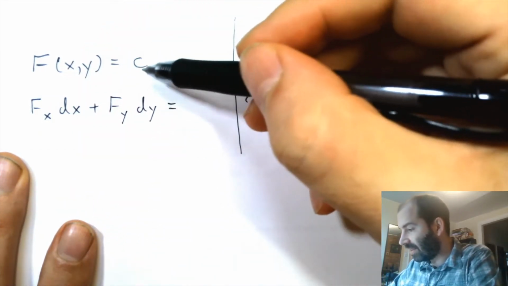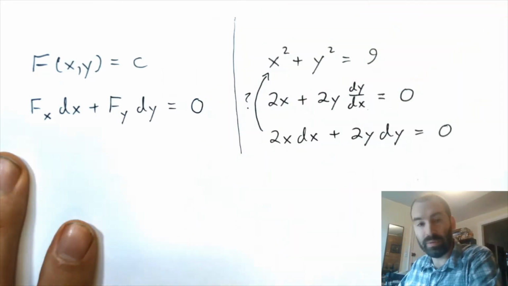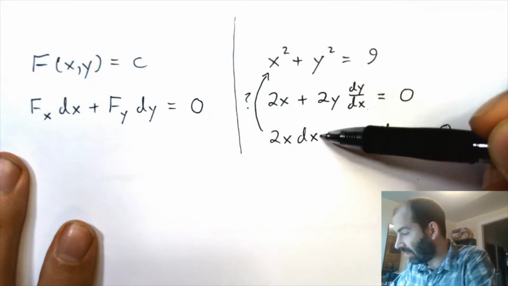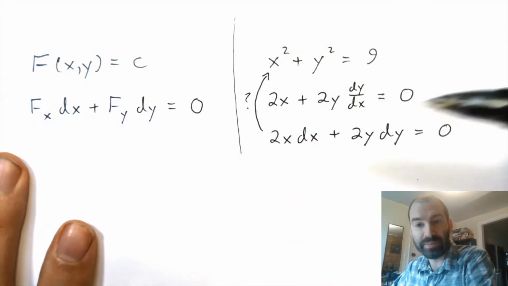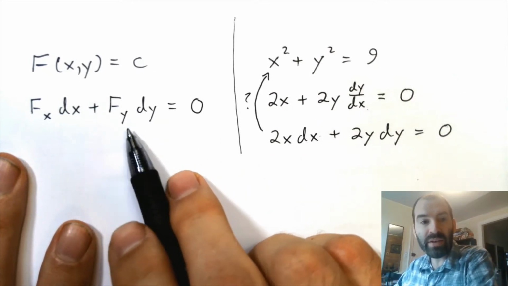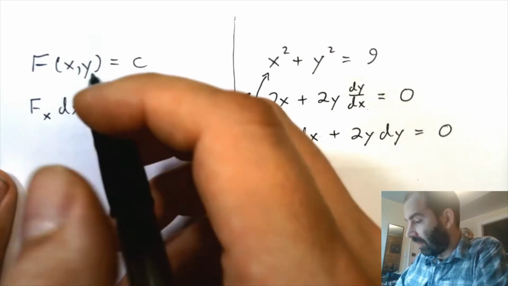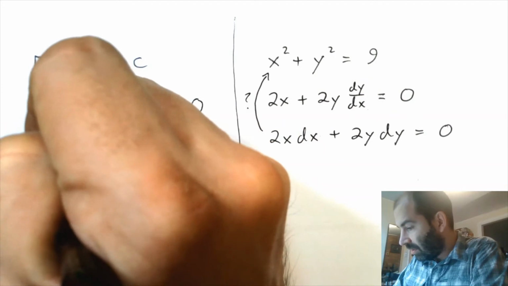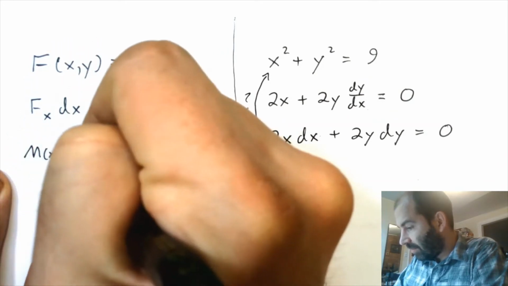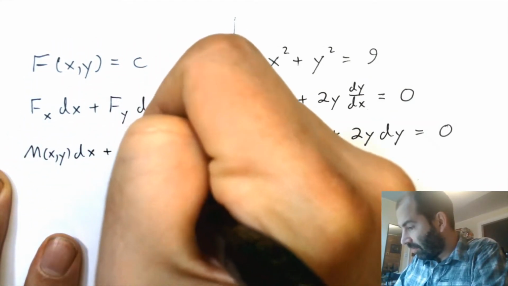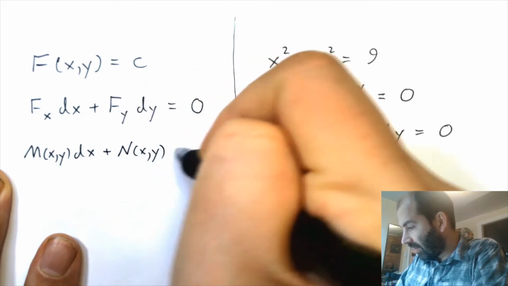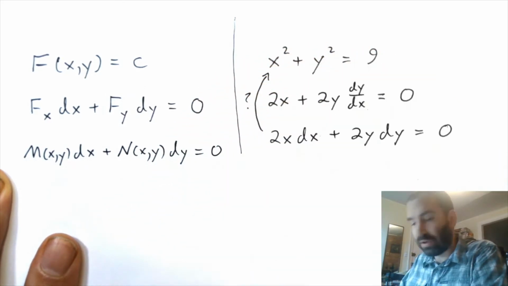And on the right-hand side, the derivative of c is, of course, 0. So what we did is we went from here to here. That's the same thing as going from here to here. And what we end up with here is a function of x and y times dx plus a function of x and y times dy equals 0.